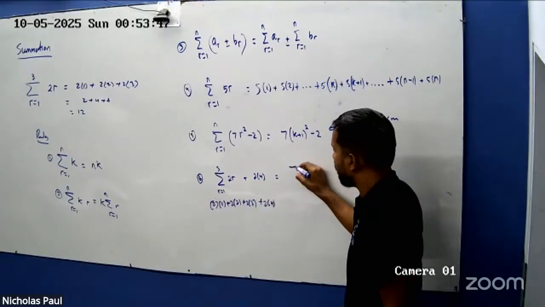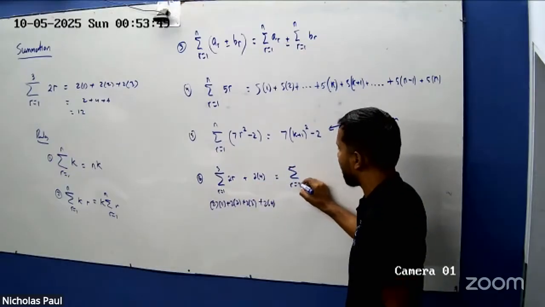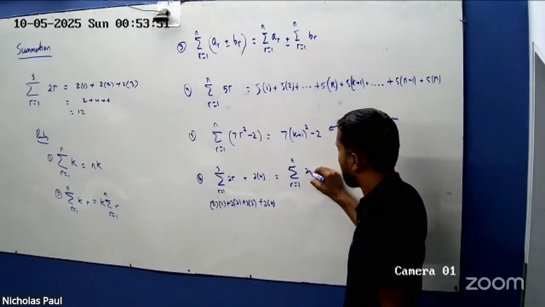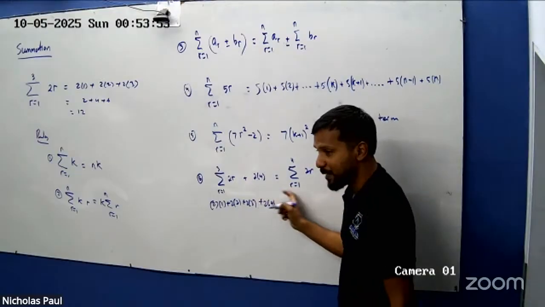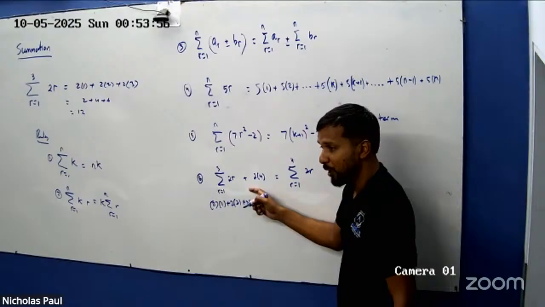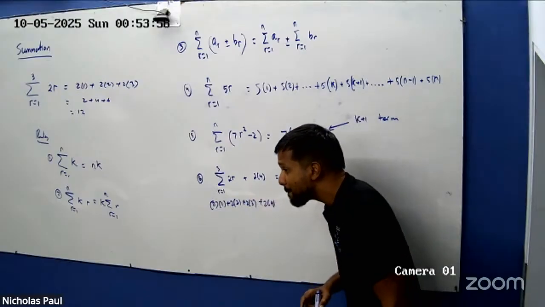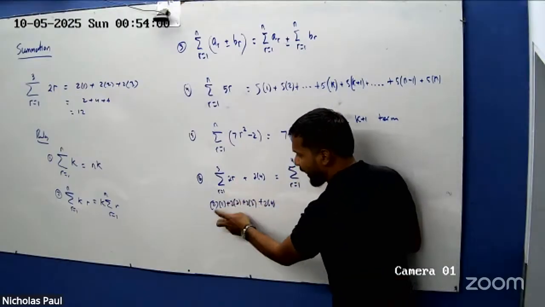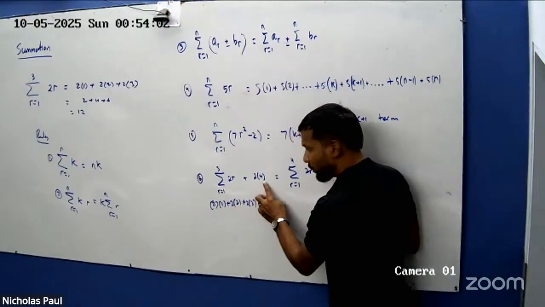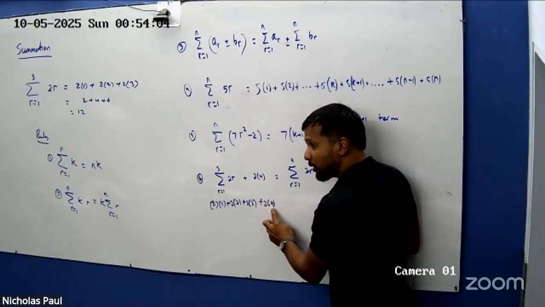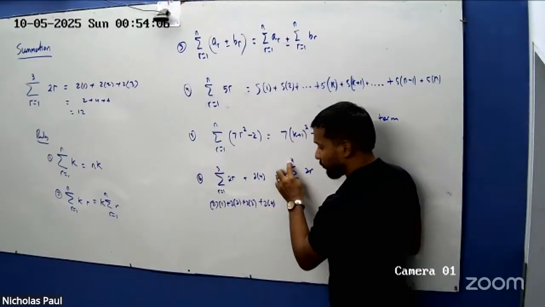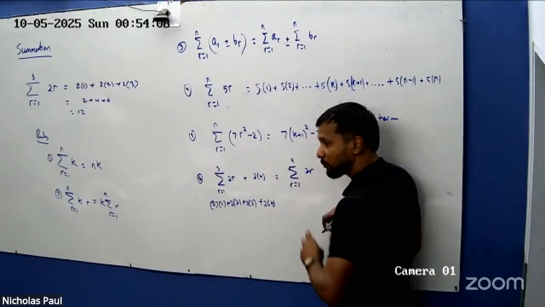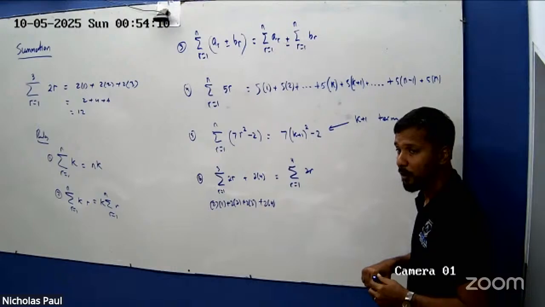So now we'll end up with the summation of r going from 1 to 4 of 2r. These two are the same thing. You all see that? How did you go to 4? Because here is 1, 2, 3, and we have 4. So you're summing from 1 to 4 of 2r. That's okay?